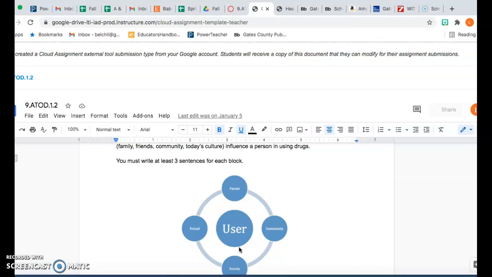Unfortunately, people can also be influenced by friends and peer pressure, and you may be led to using drugs because of the people you surround yourself with, like your friends or people in your community, because you're surrounding yourself with people that do those things. Or, flip side, you can surround yourself with people that don't do those things, and you are going to be influenced to not do those things.